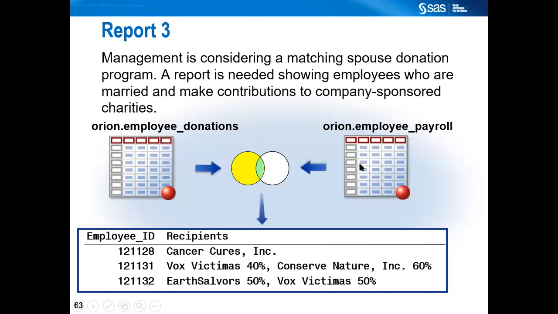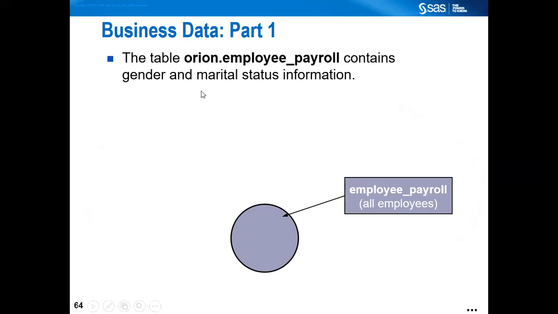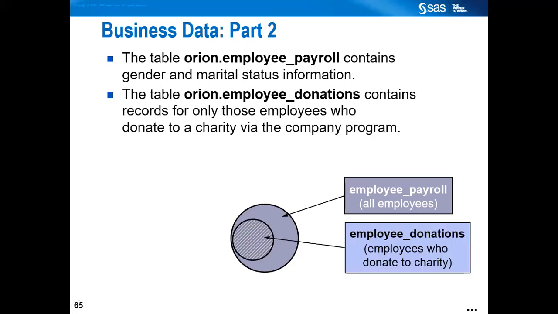So understand this scenario. The very first part of your business scenario is you have employee payroll, which contains the gender and marital status information. And you have another table of donations which have employee ID and their donations, correct? This is a part of your payroll because not all employees might be donating.